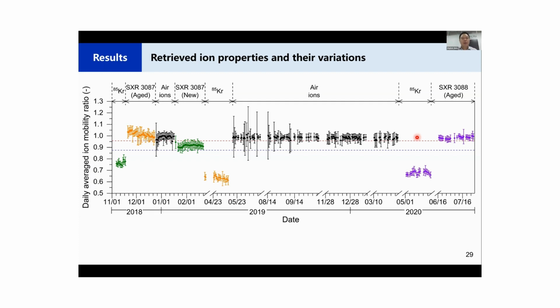For natural ions, shown in the black dots here, we see that over time it is generally quite stable. However, for any given time period it fluctuates a lot, but generally it is pretty consistent.